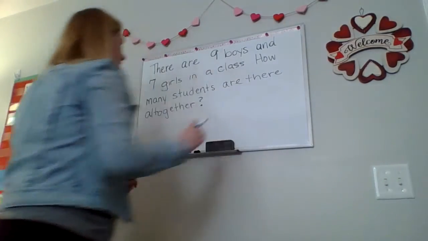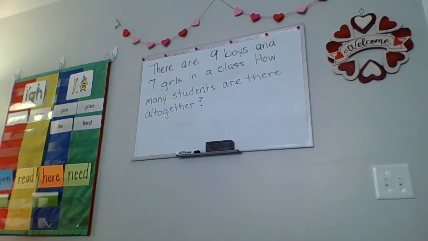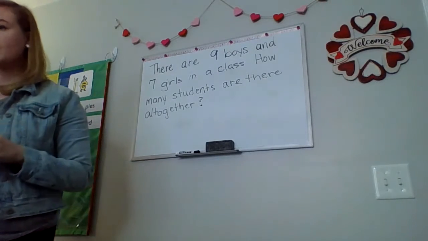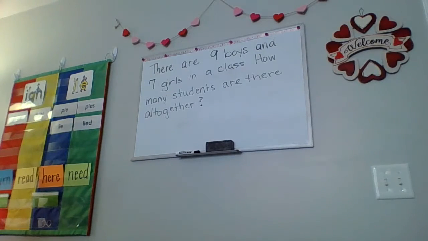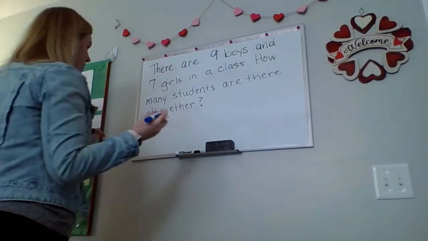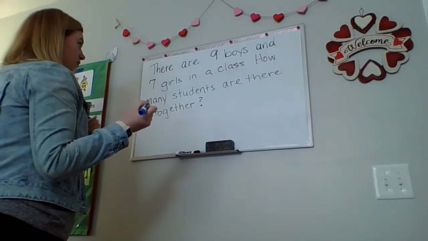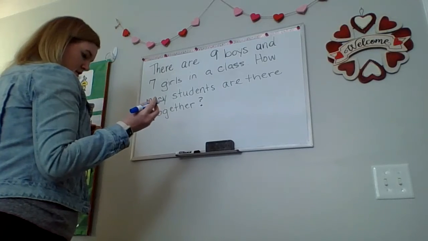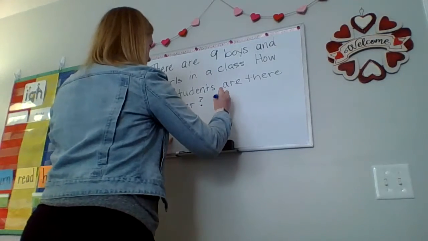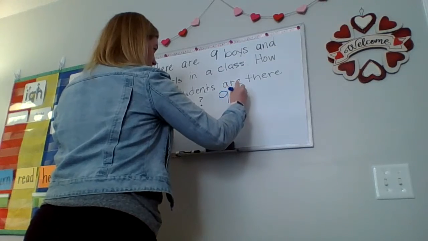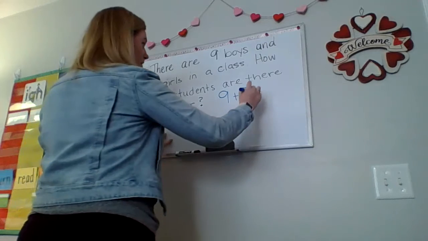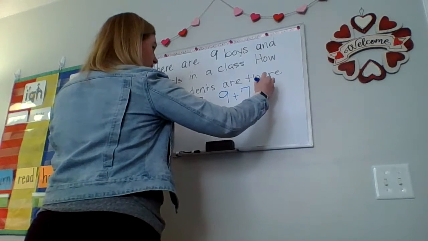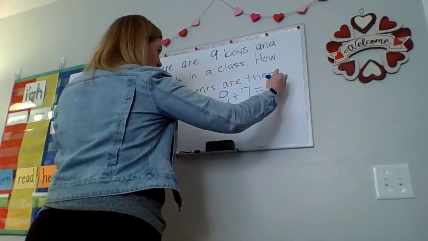So who could tell me what is my equation for this word problem? There are 9 boys and 7 girls in a class. How many students are there altogether? What is my equation? Go for it, Journey. 9 plus 7 equals.